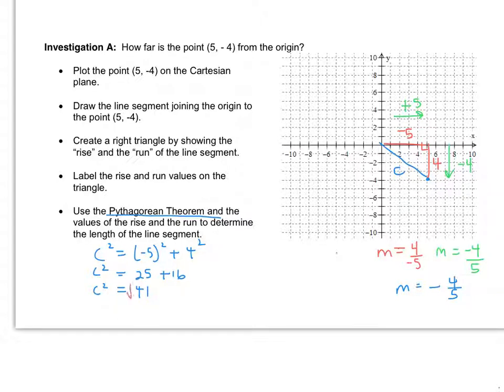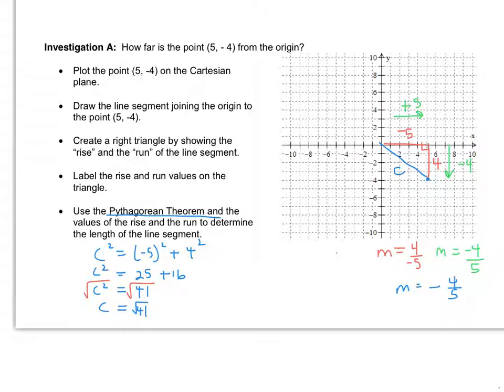But I don't want the square, I want just c. So I have to square root both sides to get c by itself. That gives me the square root of 41. That's the exact answer, the exact length. When we go into university level math, for those of you planning that route as opposed to the mixed level math for grade 11, you will be expected to write things in their exact value.